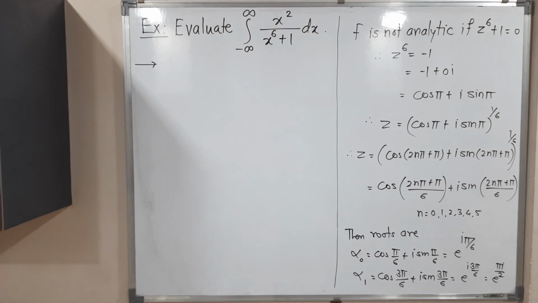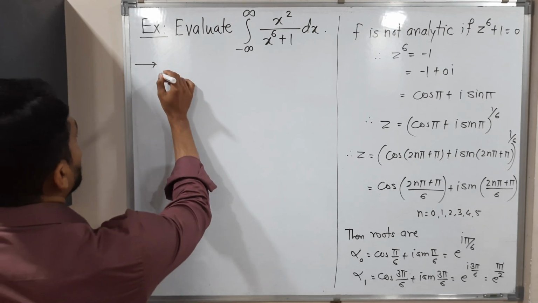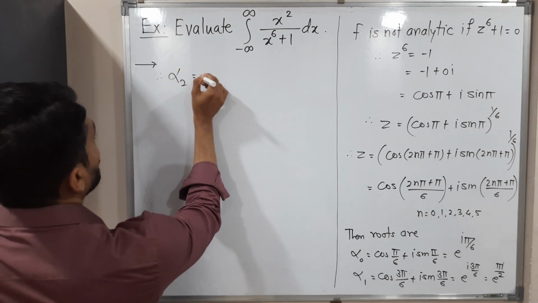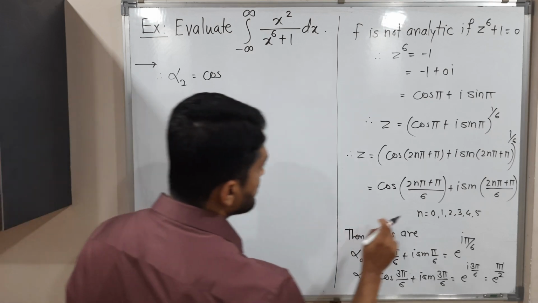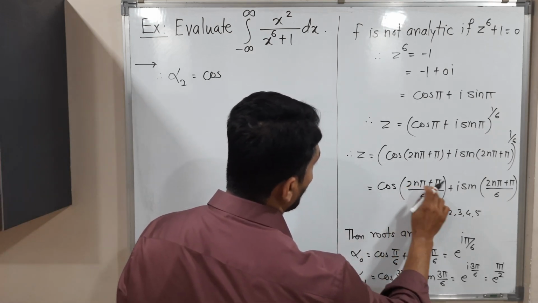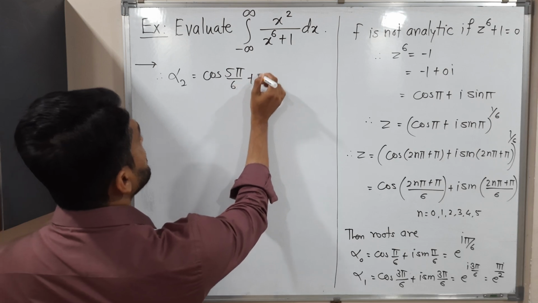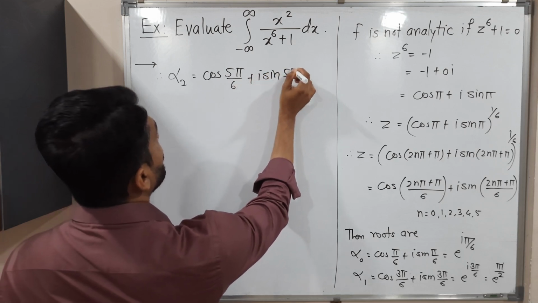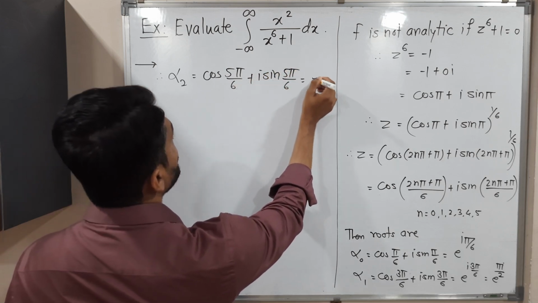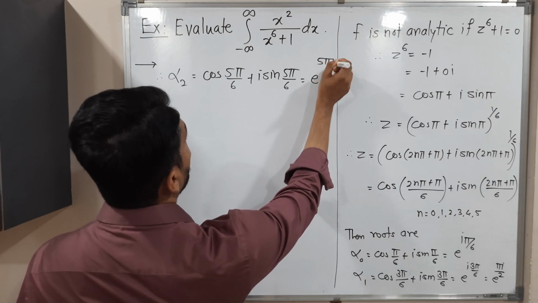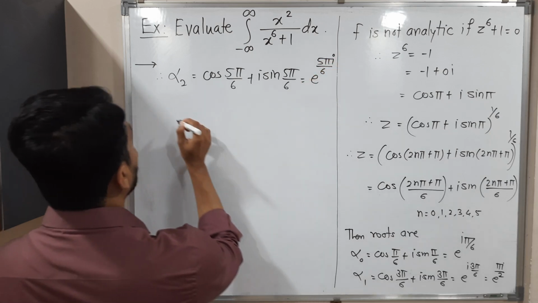So now let us put n is equal to 2. Therefore, alpha 2: cos, I am putting n is equal to 2, 2 into 2, 4 plus 1, 5 pi by 6 plus I sin 5 pi by 6, in exponential form e raised to 5 pi I by 6.